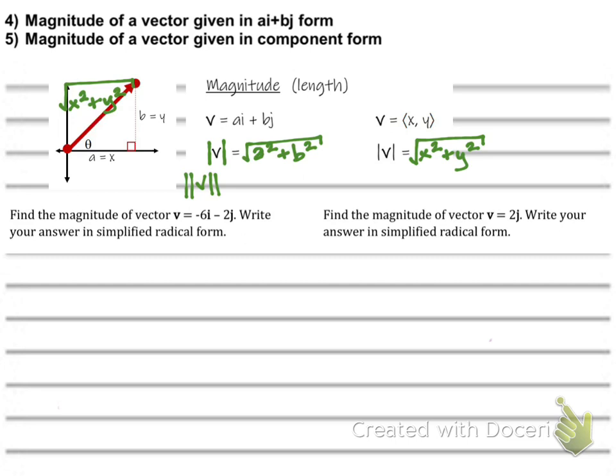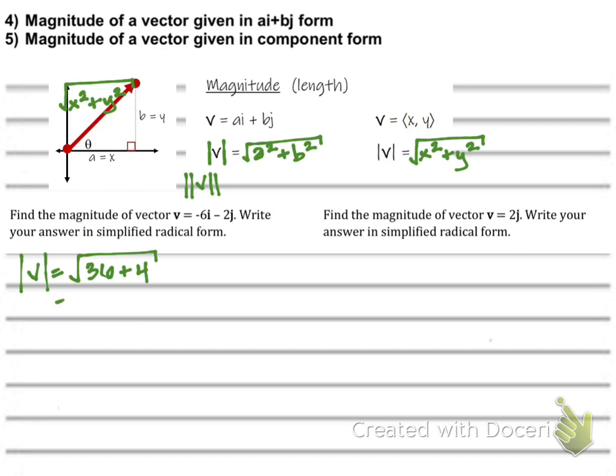Okay, so we're going to find the magnitude of the vector. They want us to write it in simplified radical form. So the magnitude of vector v here is the square root of -6 squared, which is 36, plus -2 squared, which is 4.